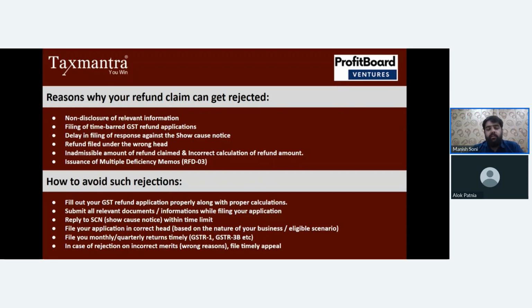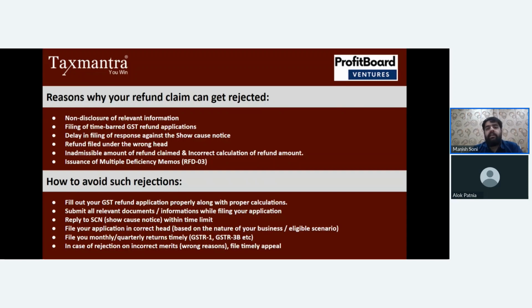But there are certain queries with regards to the SSCs. What is the difference between a deficiency memo and a rejection? So a deficiency memo is basically another chance given by the officer to you to file your application with proper documents. And in case there is some information or detail missing, in that case you are given another opportunity to file a fresh application and apply for the refund again.